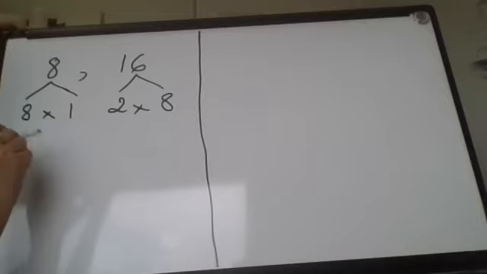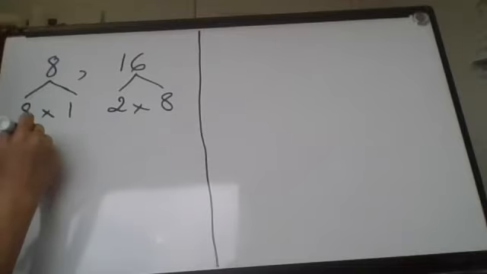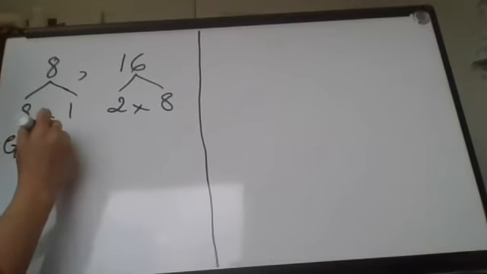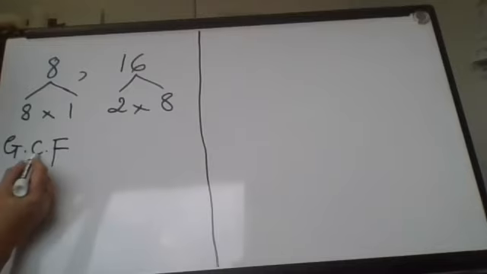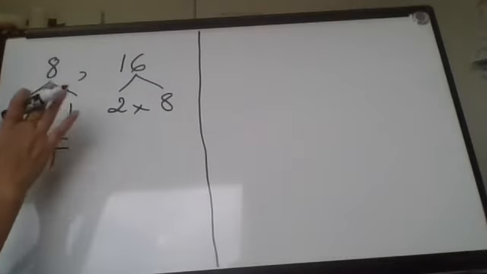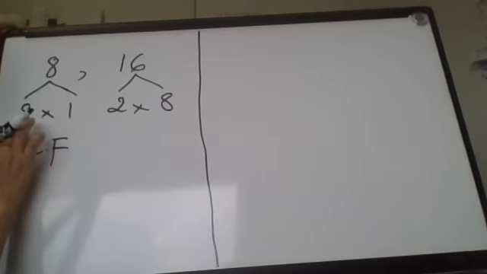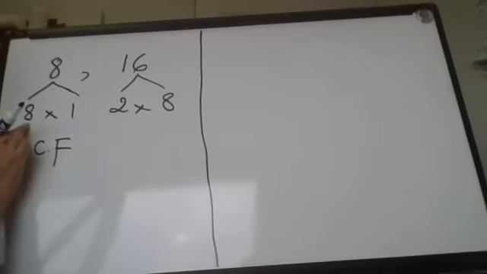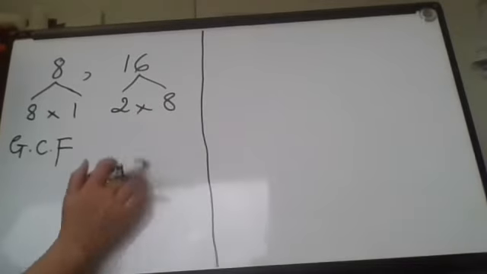So I look at the greatest common factor for these two numbers. The short form is GCF, greatest common factor. Common means the same. So the number 8, you can break it down into 8 times 1. Each member we call a factor. A factor of 8, a factor of 1, a factor of 2, a factor of 8.